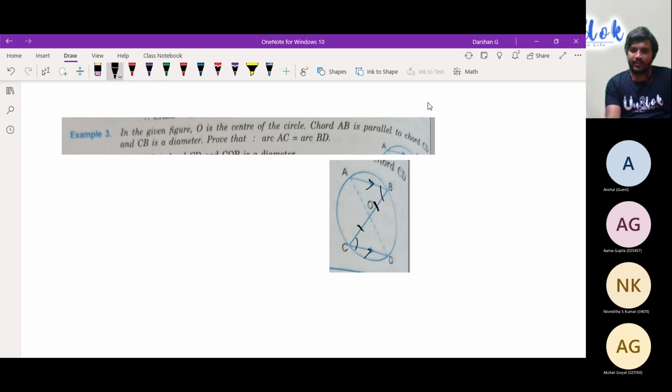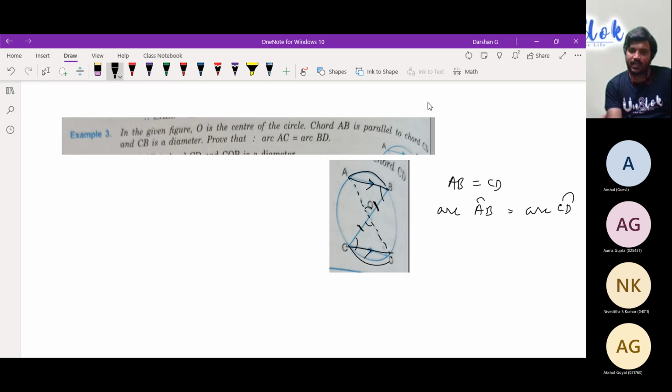Right. So then if I imaginarily join these two, which is again a transversal, I can tell this is a vertically opposite angle and I can tell this is congruent. If it is congruent triangles, then AB will be equal to CD. If AB is equal to CD, we have studied that equal chords give equal arcs. So arc AB will be equal to arc CD.